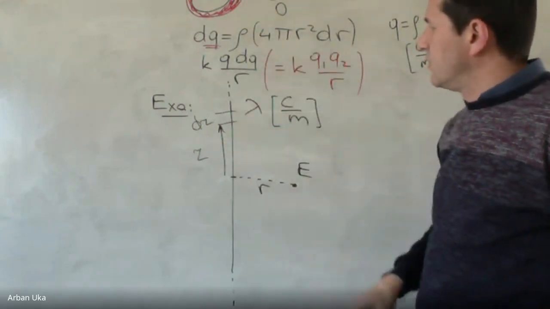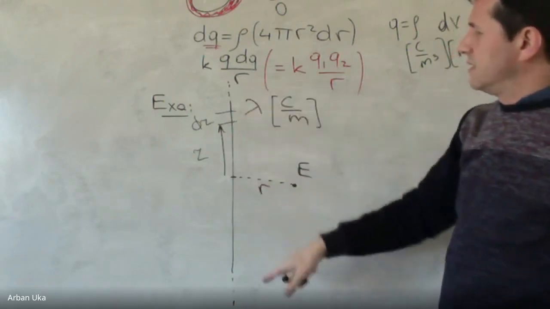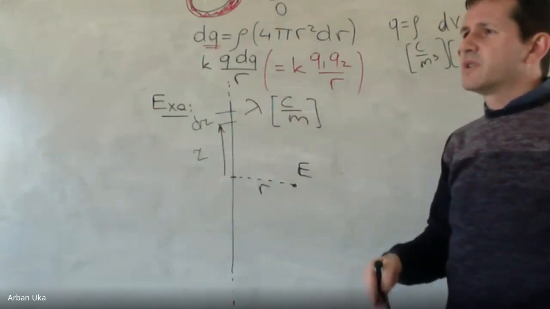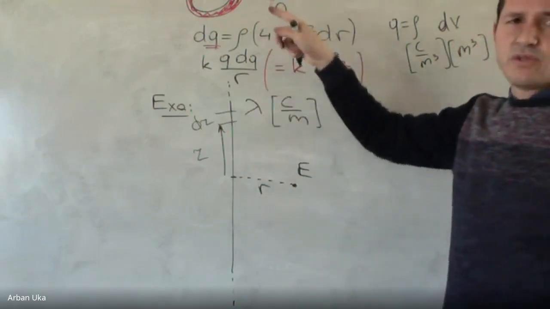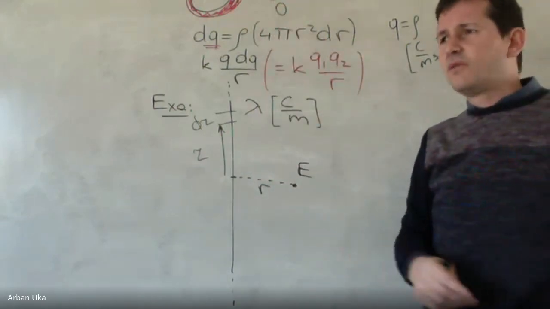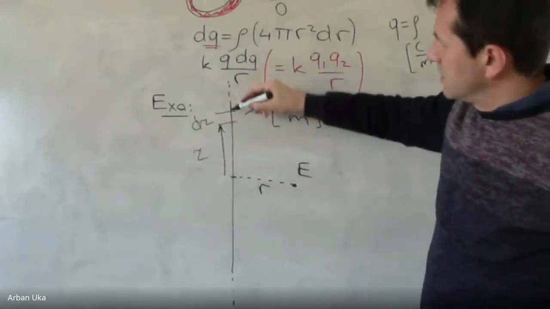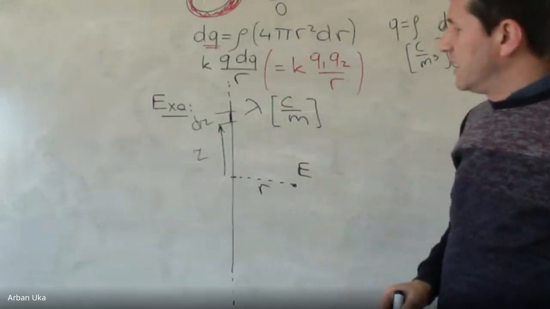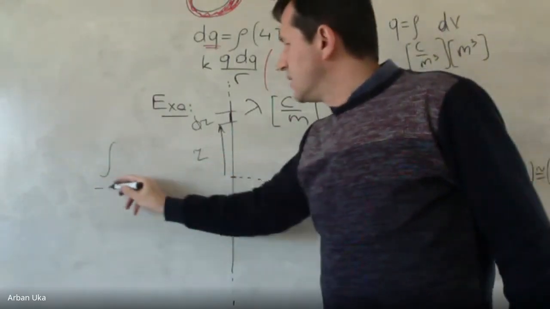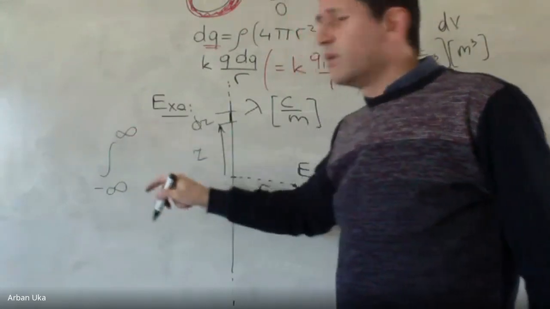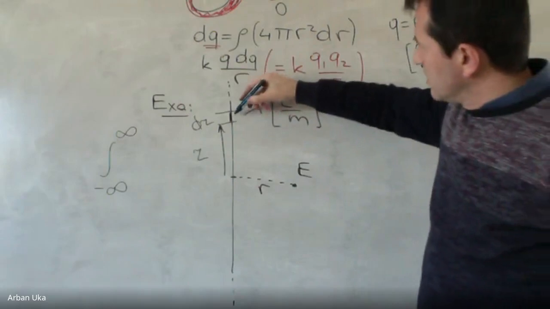That's what we say when you have a line, the charges extended in space like a line. Here, in the previous example, the charge is extended in space over volume. So, at any distance z, we selected dz. Good. This is a generalized term, and later on, when we do this integral, we will integrate from minus infinity to plus infinity to cover all of it. But that's good. So let's move on.